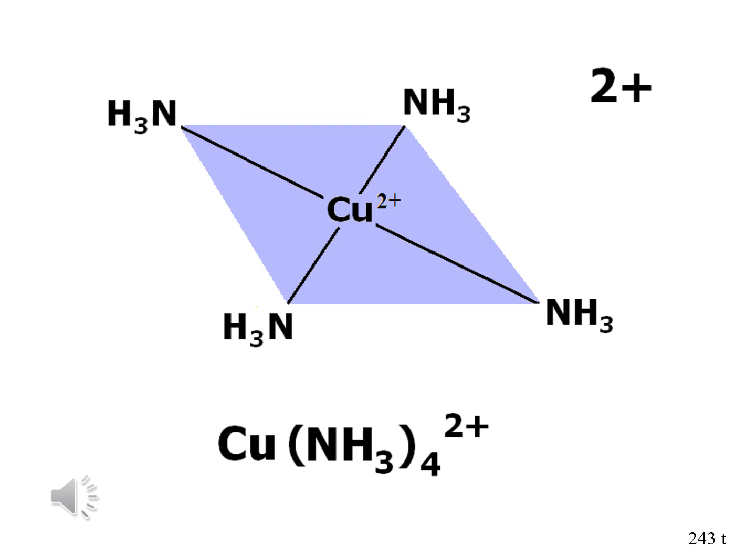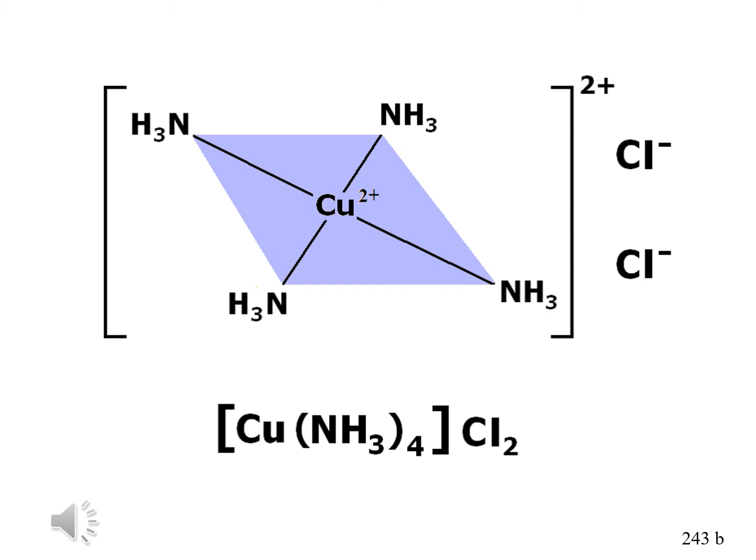The ammonia is in parentheses, and you put the charge just like any other ion. Because of the fact that the copper complex is a positive ion, I can write a formula with any negatives, and the ones I chose were chlorides. So there is a compound like this, and it's neutral, and I put the copper complex in square brackets.